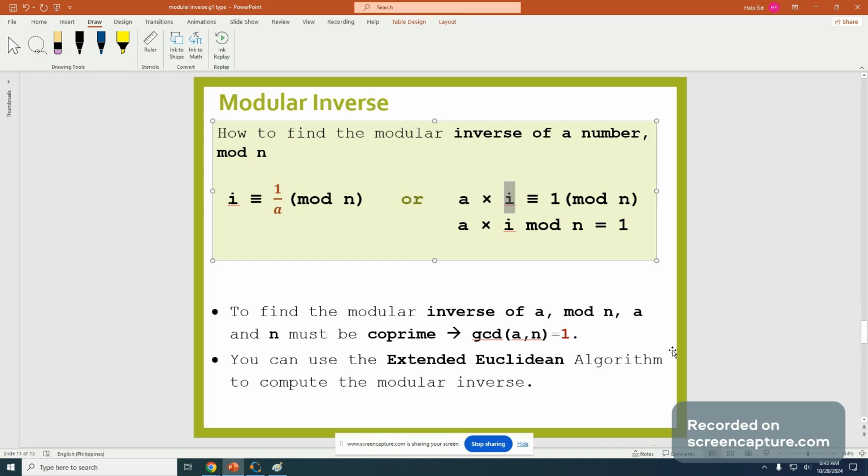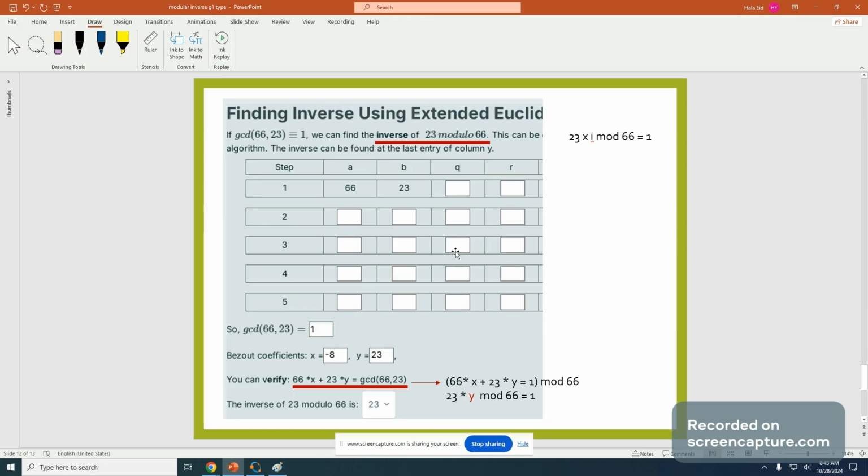So we've done this in Moodle before. If you go back to the exercises in Moodle, for example, here they've told you that 66 and 23 have a greatest common divisor of 1. So these two numbers have a GCD of 1. It means I can find the inverse. Here they're asking you to find the inverse of 23 mod 66.